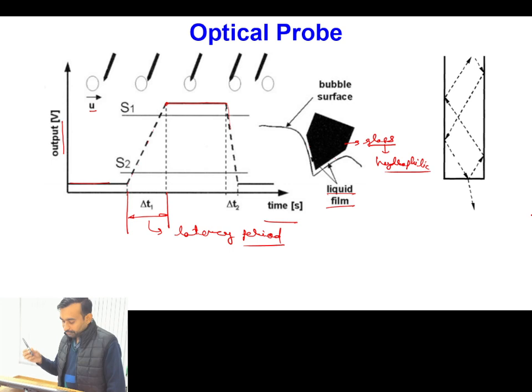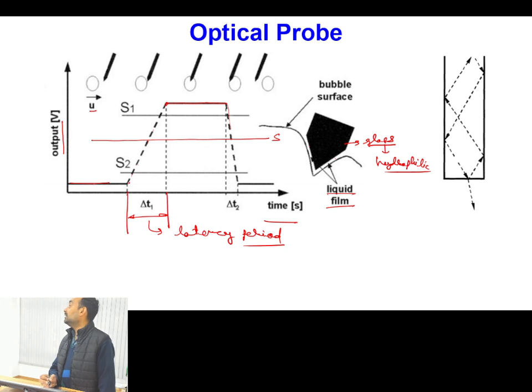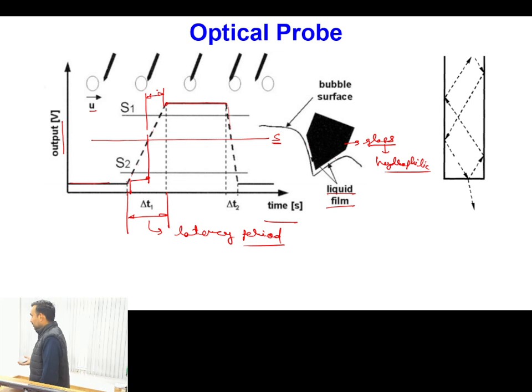Now, typically, if I use a single cutoff, say this is my cutoff, that if signal strength is less than this, I will assume the liquid is in contact with the probe, and if signal strength is greater than this, I will say the bubble is in contact with the probe. This type of cutoff value will give a large latency period, and this large latency period will give inaccuracies in measurement.